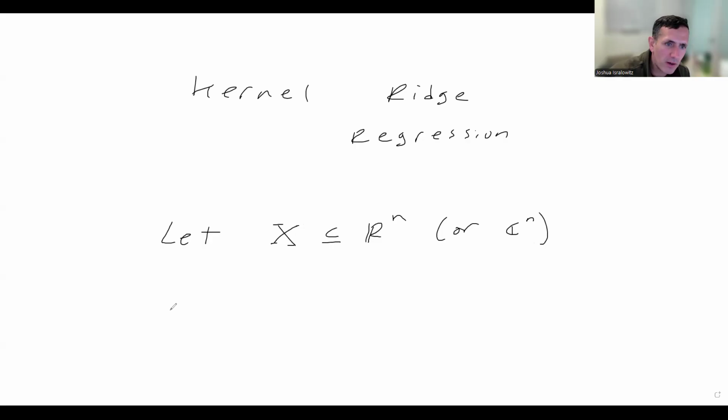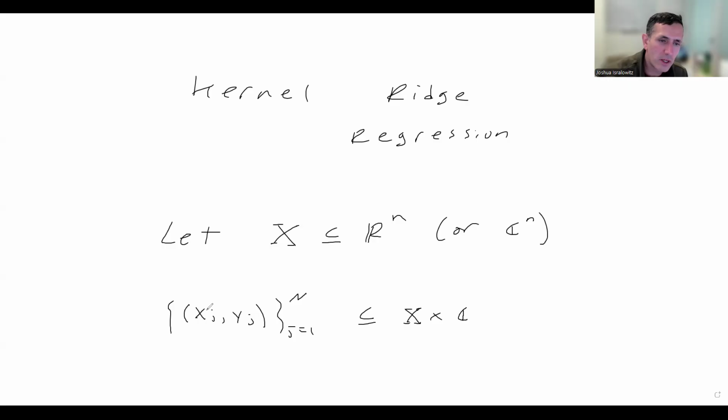And let's say we have input-output data (x_j, y_j), j = 1 to n, that's a subset of X times, in general, C.